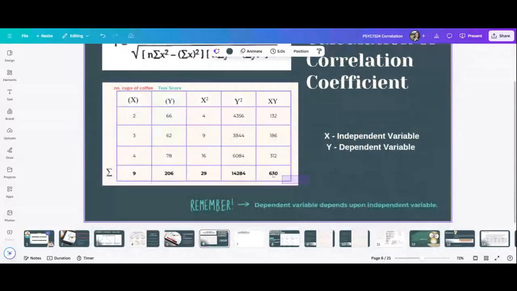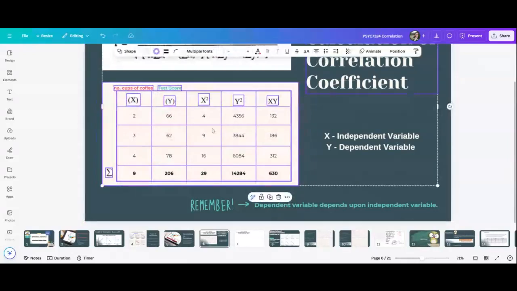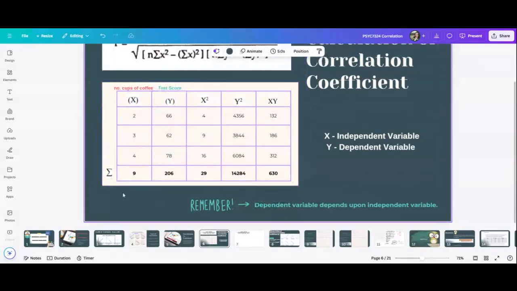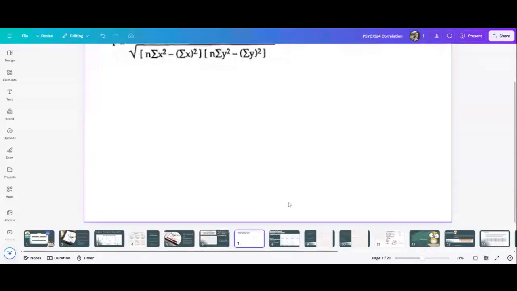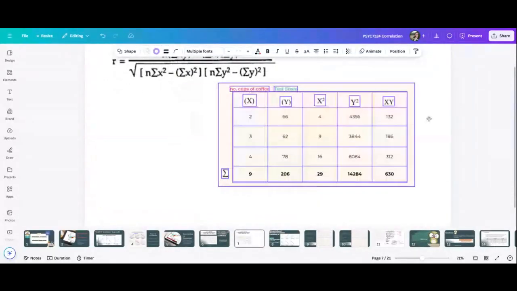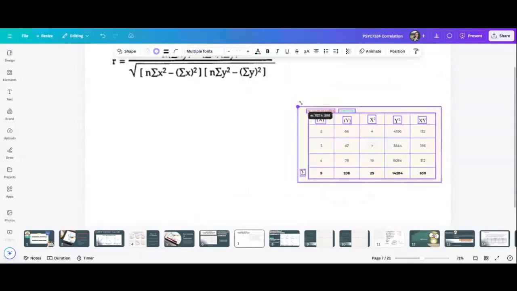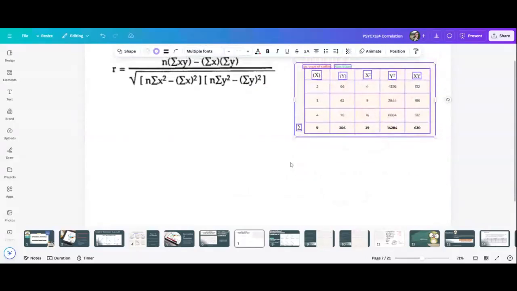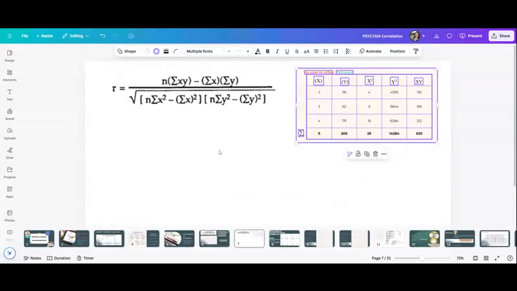Let me just also copy this across. Cool. Just pop that here for reference. Okay. Let's get subbing.